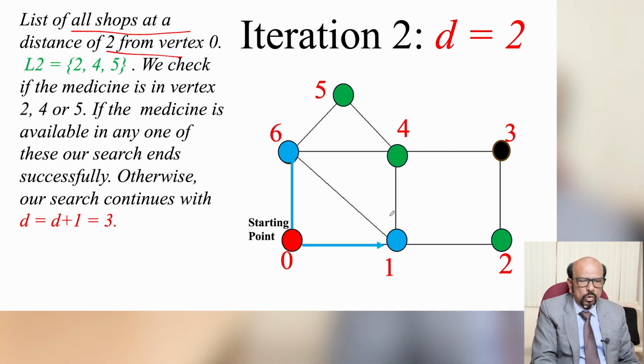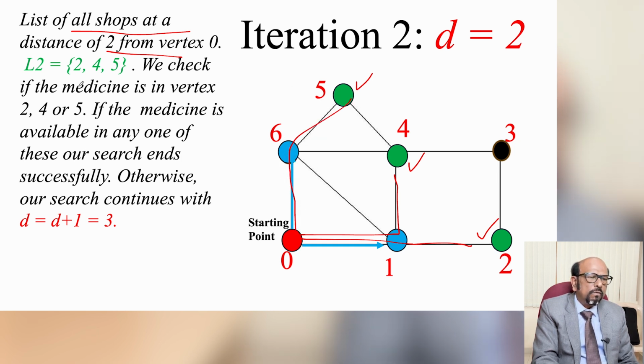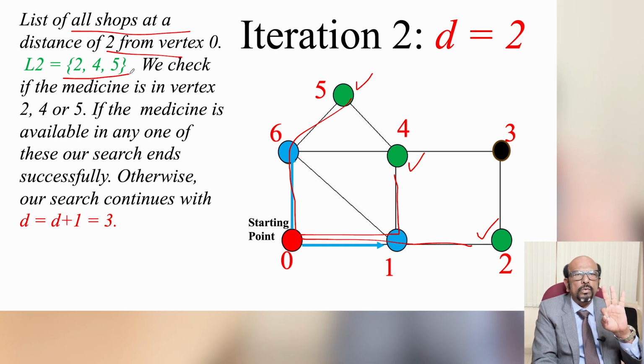Look at it: 2, 4, and 5. 2 is at a distance 2, 4 is at a distance 2, and 5 is at a distance 2. So 2, 4, 5. There are 3 nodes in L2.